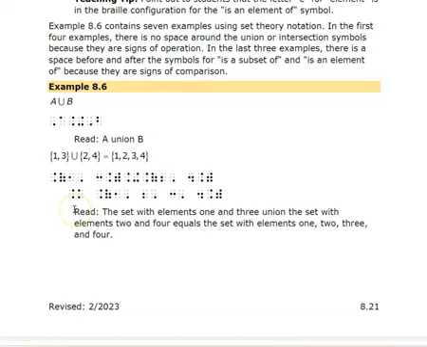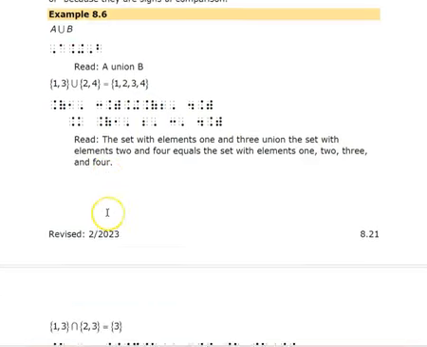And then we go down, right, equals, space, and we have the brace opening, 1, comma, 2, comma, 3, comma, 4, and then the closing brace. Okay?